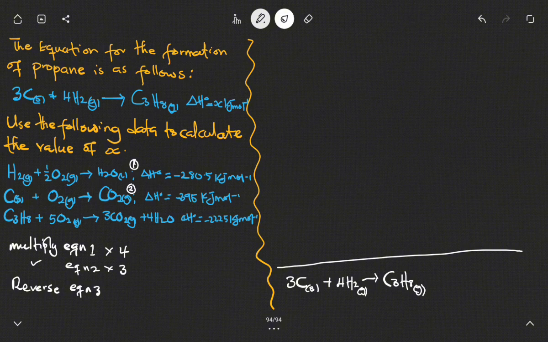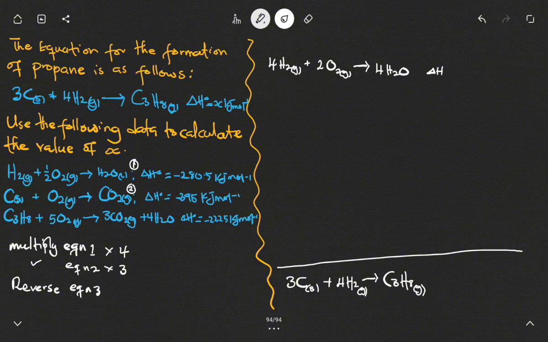So when we do that, we are going to have 4H2 gas plus 4 times half mole of oxygen, that is going to give us 2 moles of oxygen gas, and then we'll have 4 moles of water, 4H2O, and we need to do the same thing to the enthalpy change, remember.